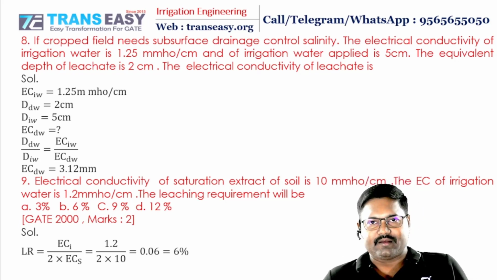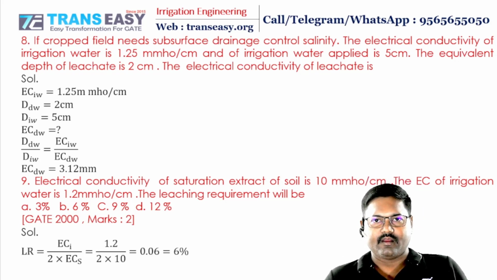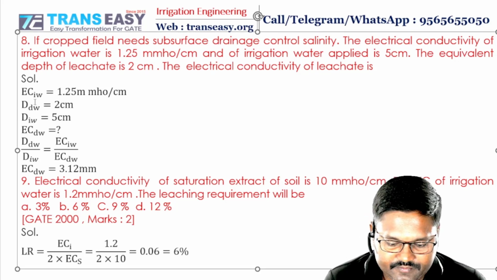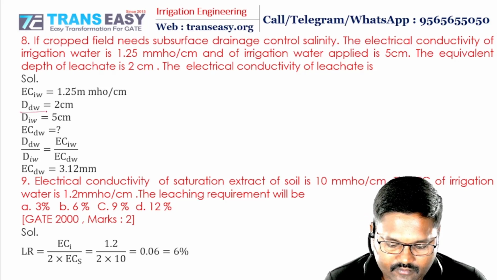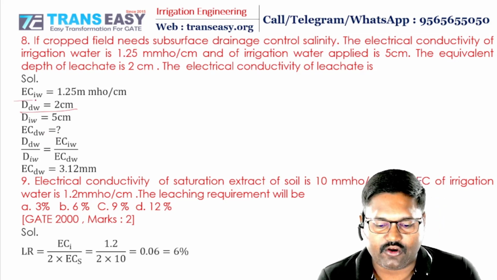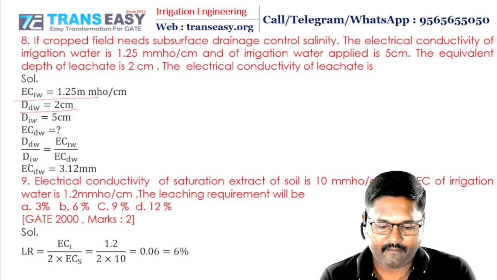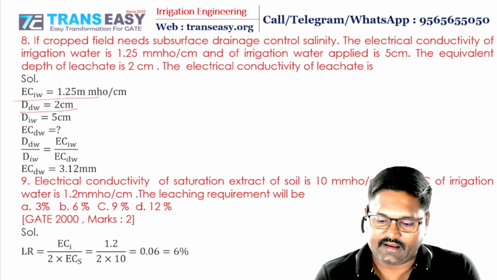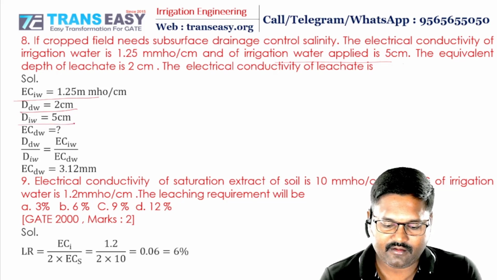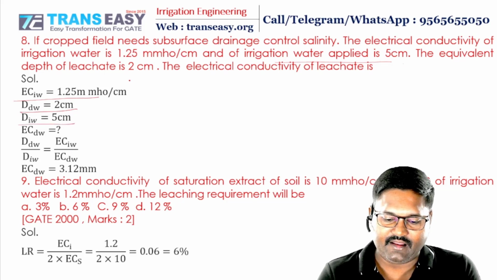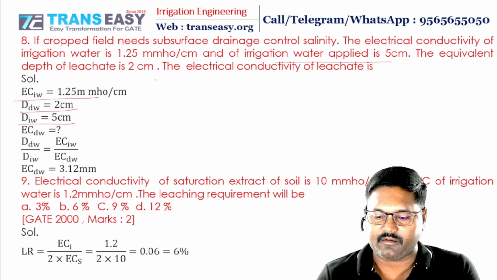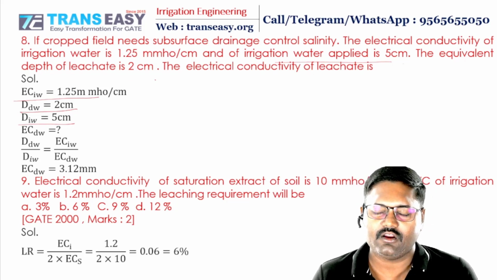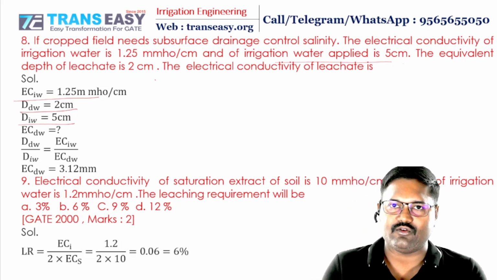The equivalent depth of leachate, that is depth of drainage water, is given as 2 centimeter. The electrical conductivity of leachate, the electrical conductivity of drainage water, is actually required.